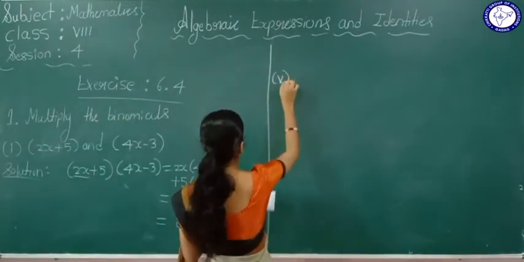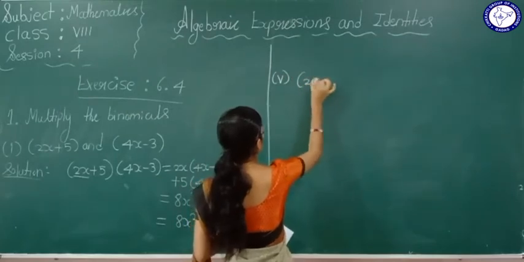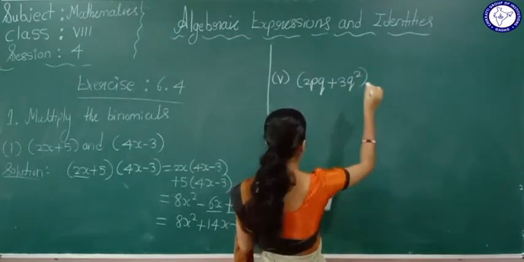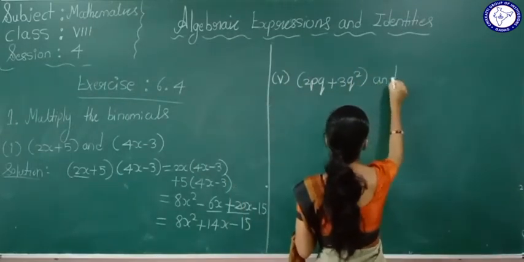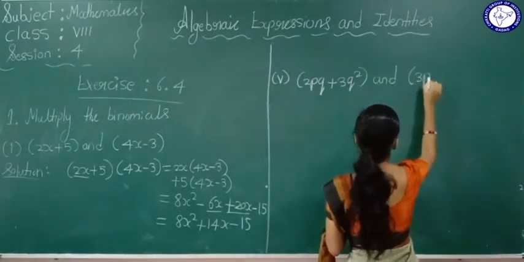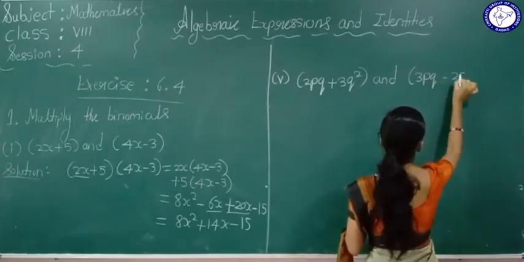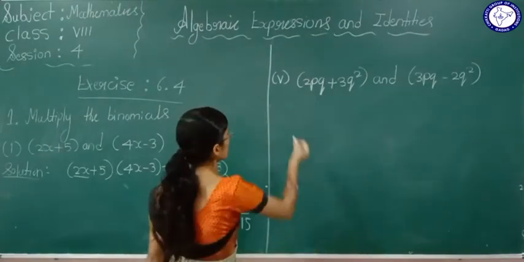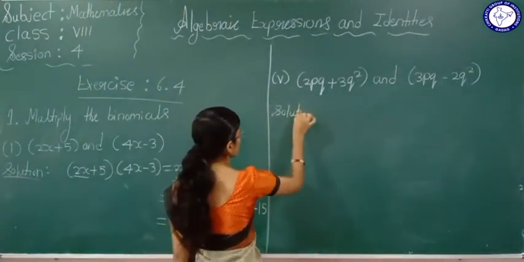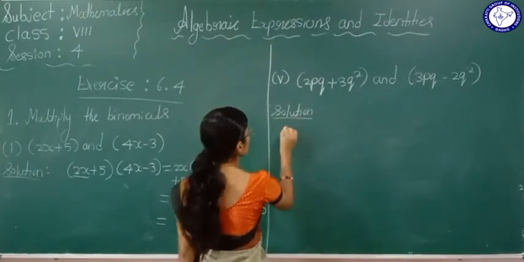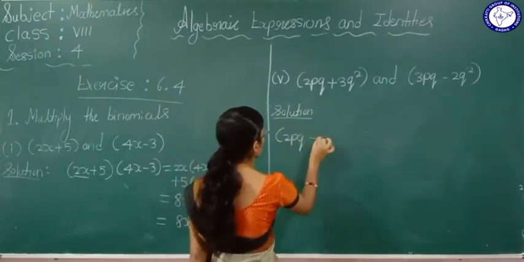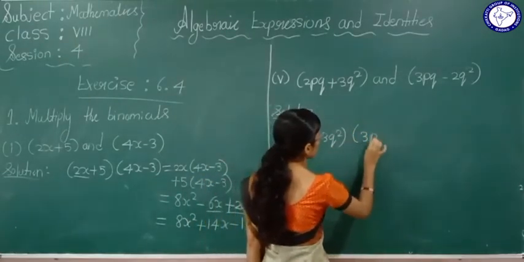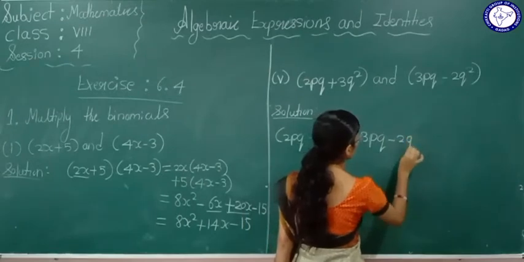Now see a fifth one. In this one we will solve 2pq plus 3q square and 3pq minus 2q square. Okay, now see here, solution. 2pq plus 3q square multiplied by 3pq minus 2q square.